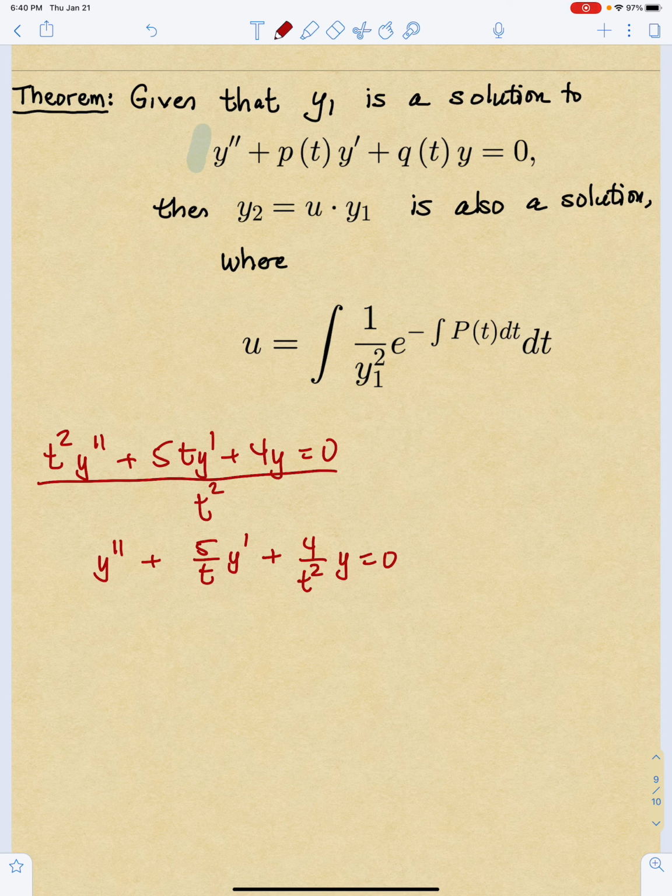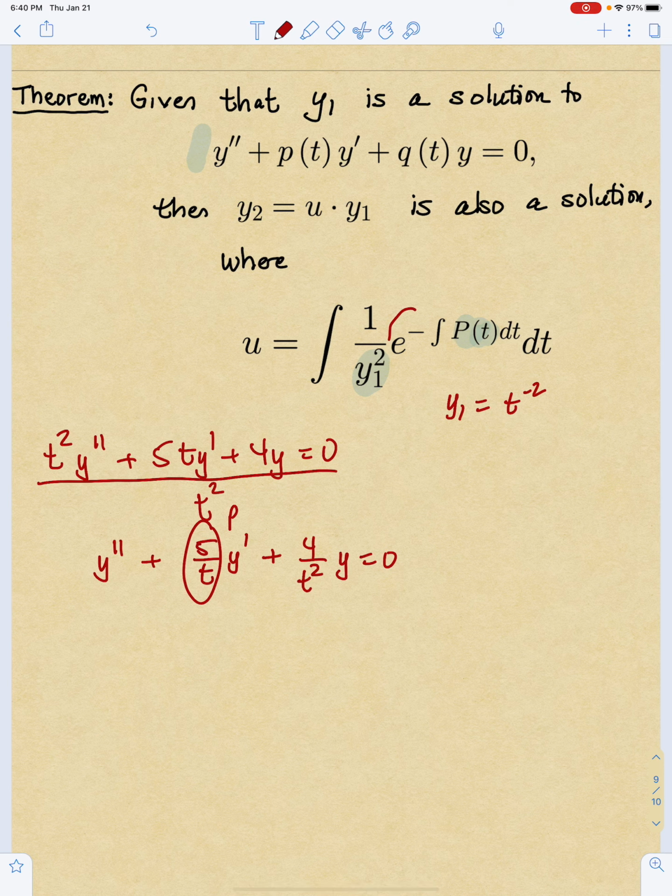So that means we can just plug all of the things that we know into this integral and onward we go. So we know what y1 is because that was given earlier. And we know what p of t is because that is the placeholder for the coefficient of y prime. So this is p of t, and y1 is t to the negative 2. So off we go.